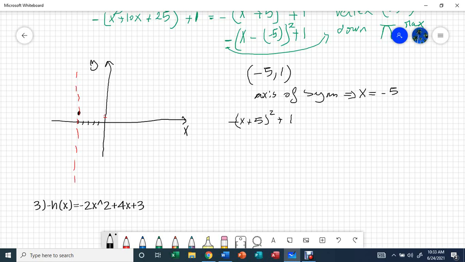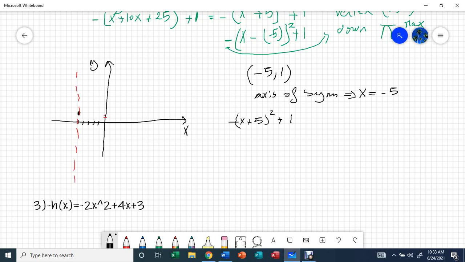If I do the y-intercept, it's going to be 0 plus 5, which is 25. 5 squared is 25, plus 1 gives me negative 24. So negative 24 is somewhere down here on the y-axis.